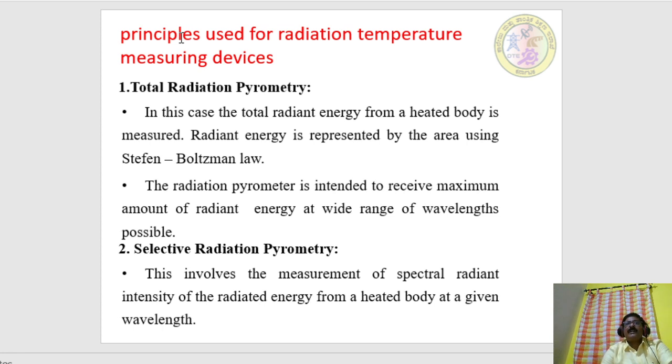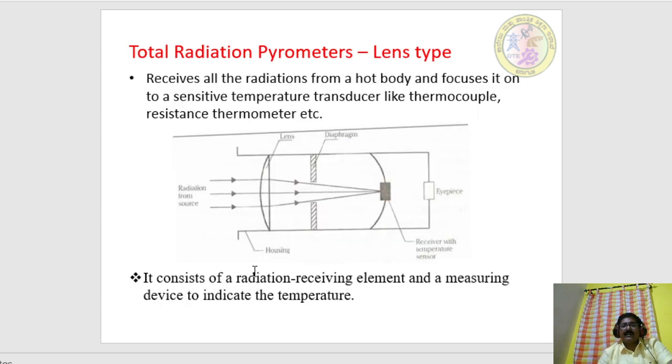The most common type, I'll show you in a sketch. This is a lens type radiation pyrometer, which receives all the radiations from a hot body and focuses it onto a sensitive temperature transducer like a thermocouple. See here, you can look into this. This is a lens which is kept nearer to the radiation source, and a diaphragm which is kept in between the receiver and the lens.